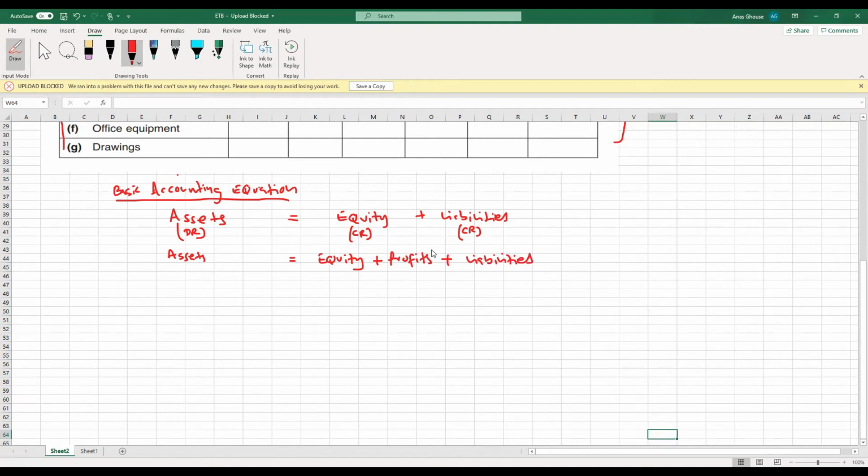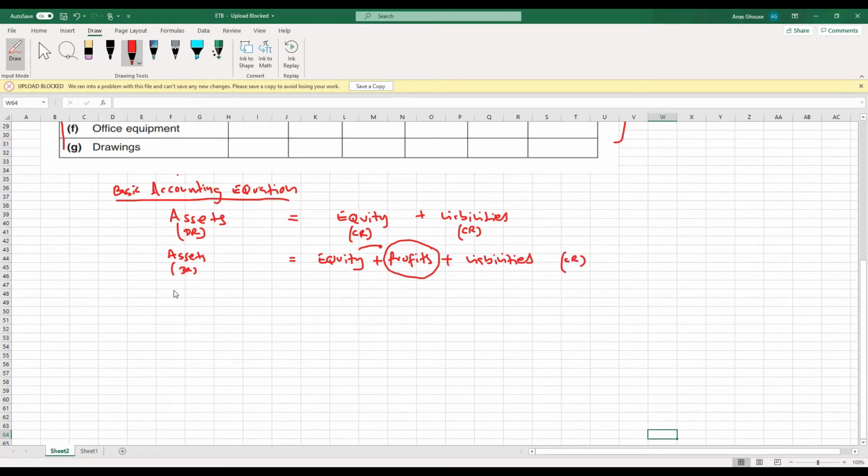Now I added profits. During the period, if the business earns a profit, that belongs to the owner, so therefore you need to add it. Still the account balances will be: assets will be debit, and on this side the equity, profit, and liabilities will be a credit balance.